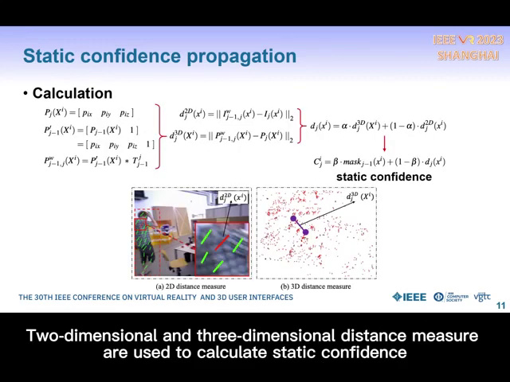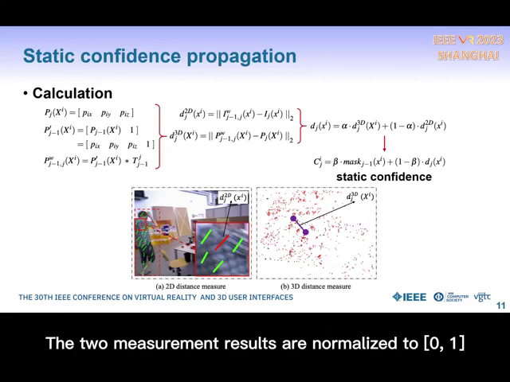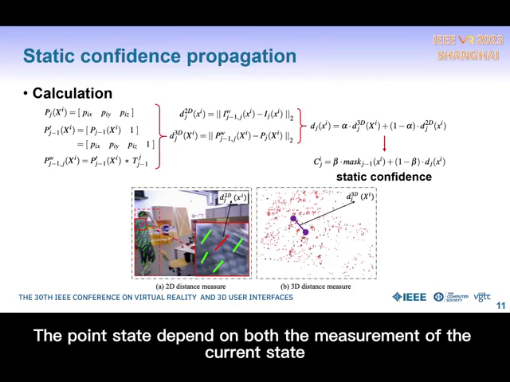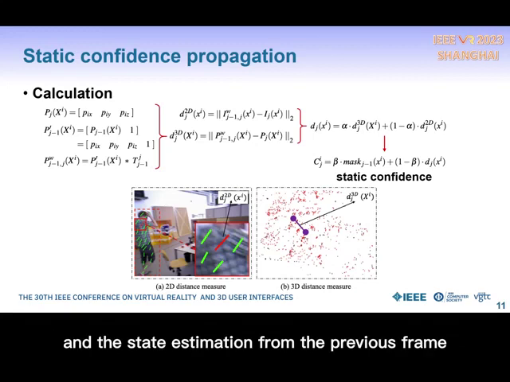Two-dimensional and three-dimensional distance measures are used to calculate standing confidence. The two measurement results are normalized to 0 to 1. They are used to represent residuals caused by transformations between frames. The point state depends on both the measurement of the current state and the state estimation from the previous frame.